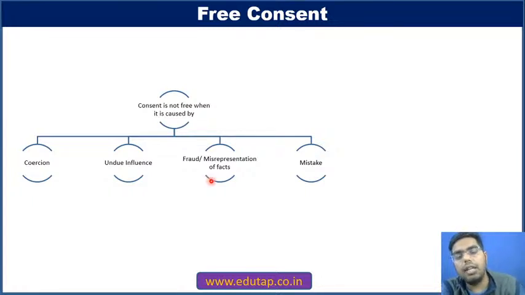And last is mistake. Mistake can be of two types: mistake of law or mistake of fact. Mistake of fact is that by mistake you misunderstood the facts. Mistake of law is that your interpretation of the law was wrong. For example, many students gave wrong answers: the agreement was valid, but many students thought it was void. That is a mistake of law.